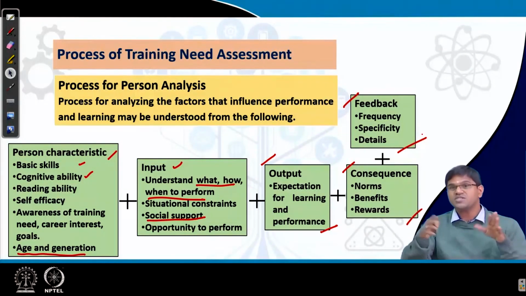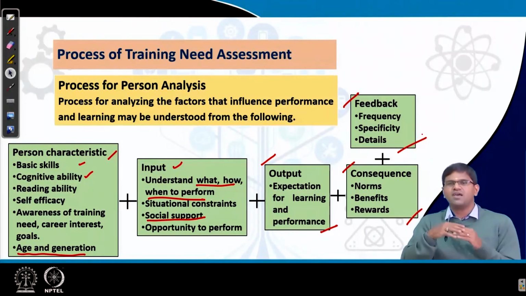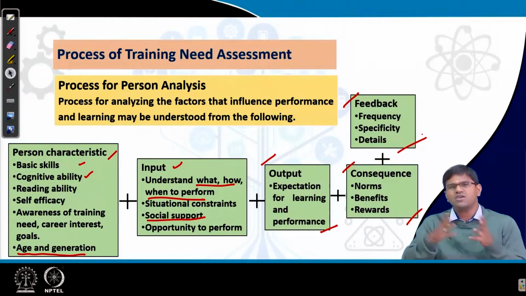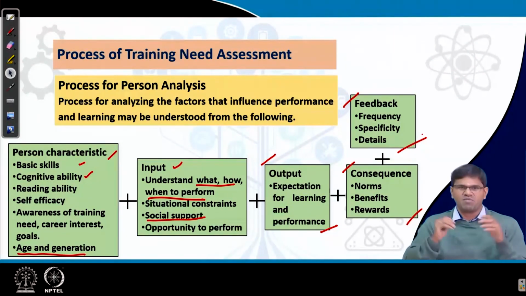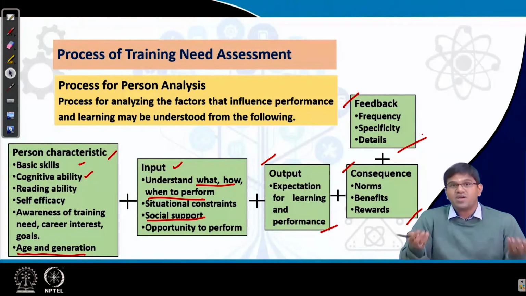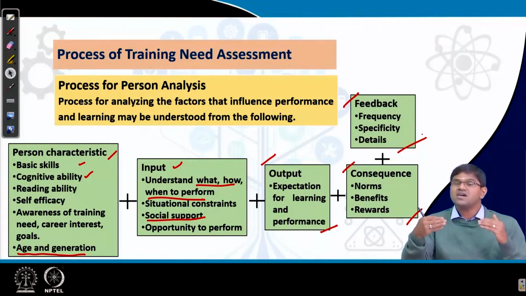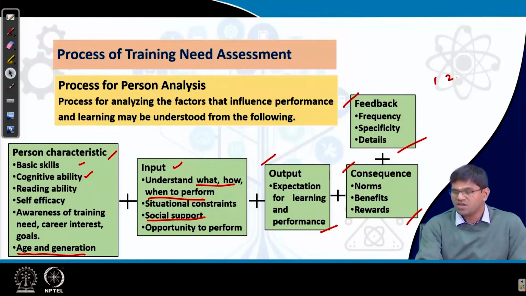So the frequency and specificity of the feedback, how specific the feedback is, rather than just saying you are not performing well. Let's say some employees have a performance deficiency. You call the employee and say you are not performing well. So what does that employee understand? Where is he or she not performing? Maybe there is a set of tasks, 1, 2, 3, 4, 5.